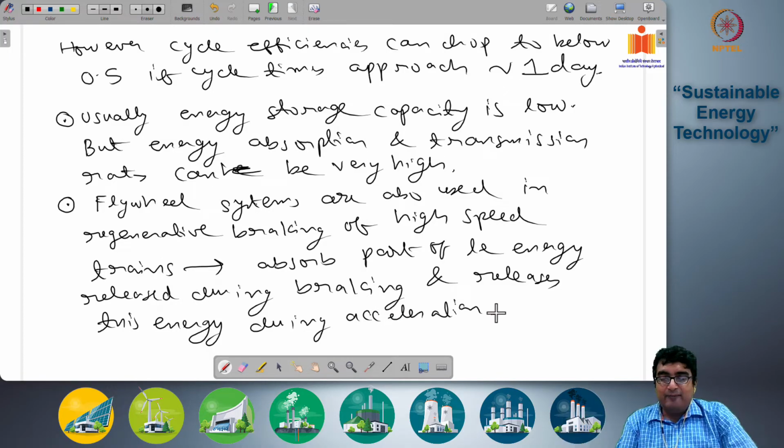So high speed trains have to stop in stations and then again have to start accelerating very quickly. Okay. When it's decelerating due to braking, a large part of the kinetic energy of the train is being lost. So part of that energy is being transmitted to these flywheels which is storing that rotational energy, and then it's transmitting this rotational energy back to the train when it's accelerating out of the station. So this is called a regenerative braking system, because the braking itself has a regenerative section driven by the flywheels, where it's storing the energy lost during braking and then releasing that energy when the train needs to accelerate.